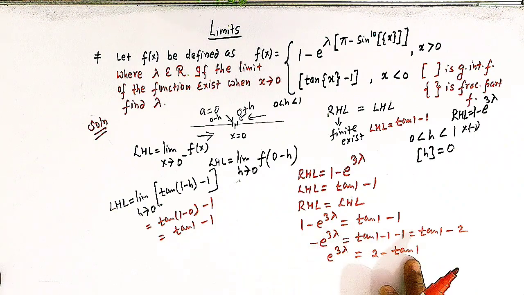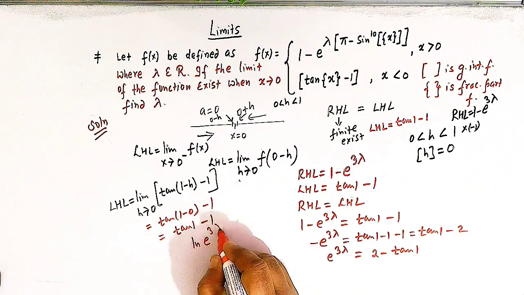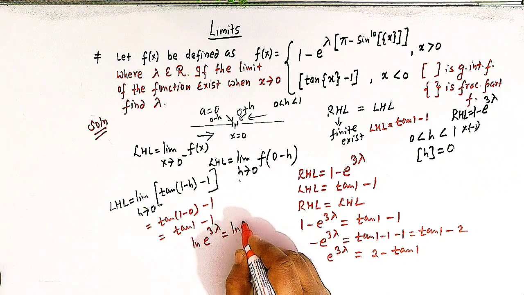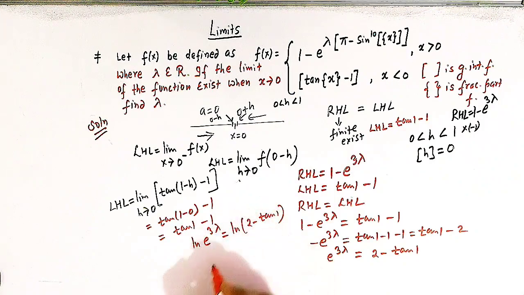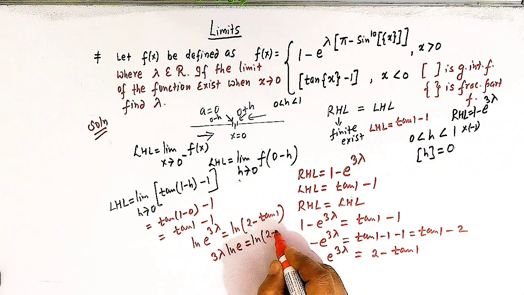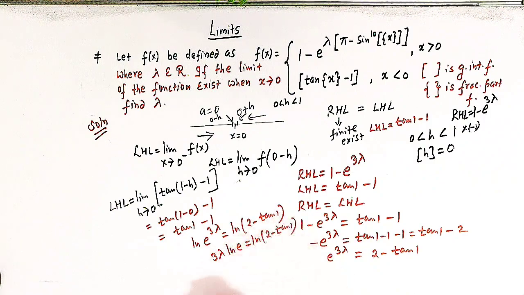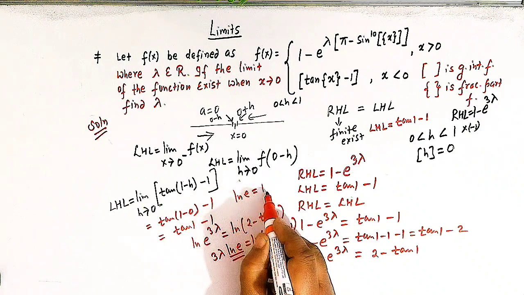So now taking the natural log of both sides, we have log of e raised to 3 lambda, then we have log of 2 minus tan of 1, and this is 3 lambda log of e, that is log of 2 minus tangent of 1, right? The natural log of e is 1.